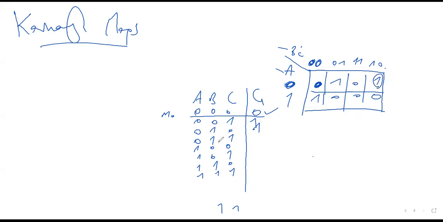For 0, 1, 0, it is 0. For 0, 1, 1, it's 1. For 1, 0, 0, it is 0. This is 0, 1, 1.